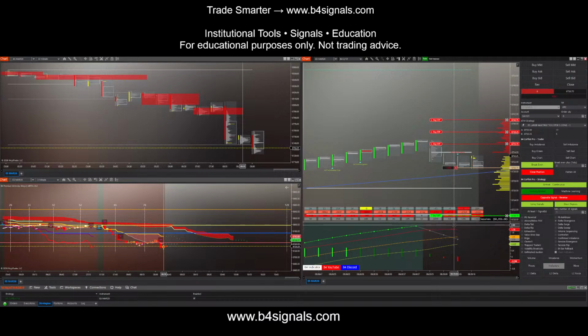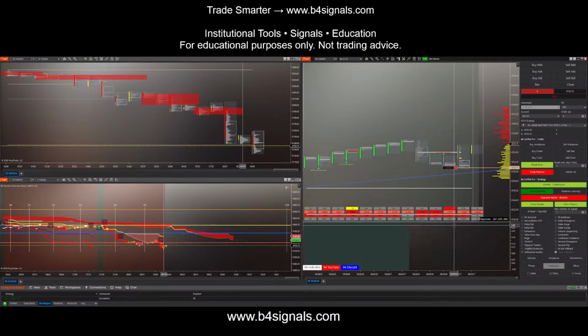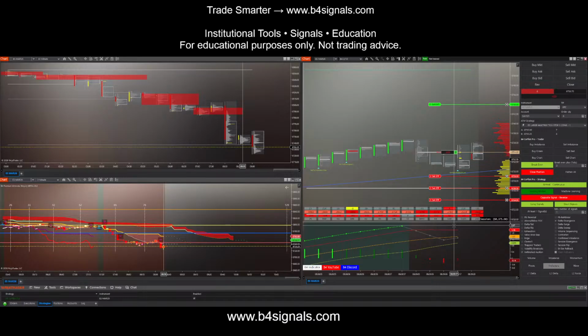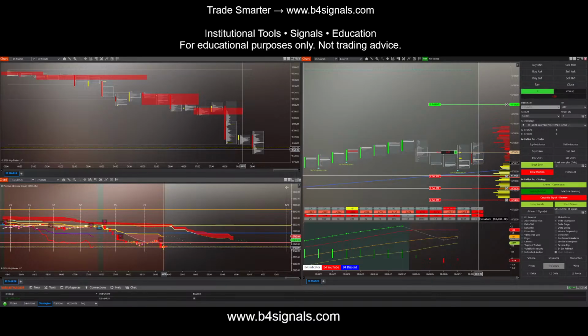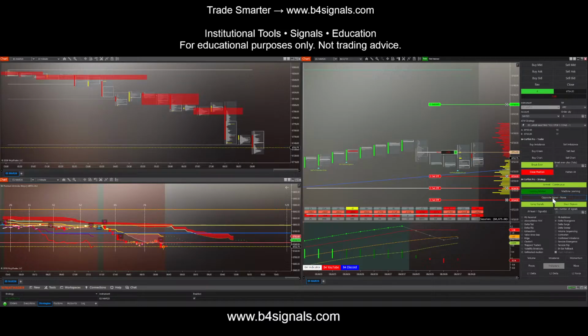We made it up to the +2. It can still have room to the upside. I'm going to change the, I got reverse here. I'm going to do nothing. Let me try break even.